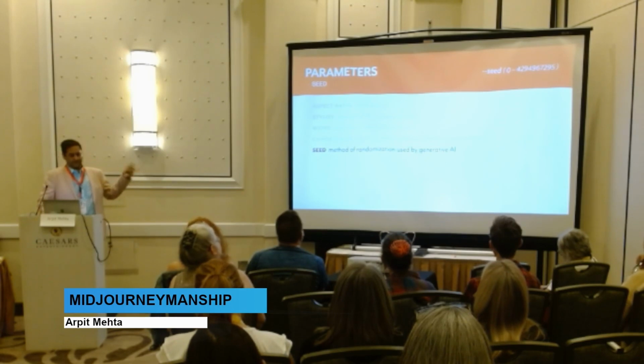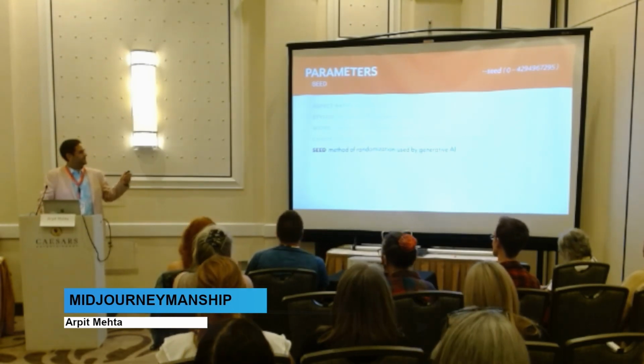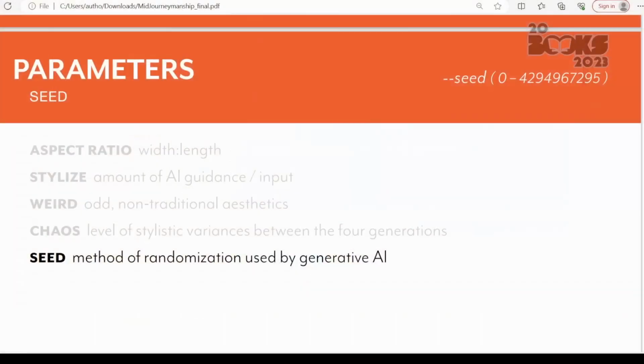And then seed. I mentioned this. I used the same seed, which was a whole bunch of 3s. This is the way that MidJourney, Stable Diffusion, and the others use seeds as a method of randomization so that if you run the same prompt 10 times, you're not going to get the same thing. That's how the variety is created.